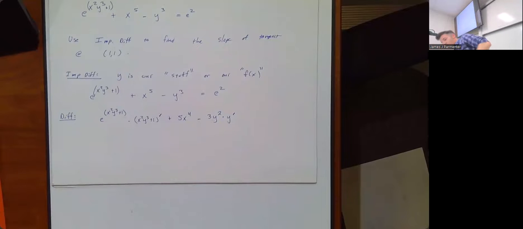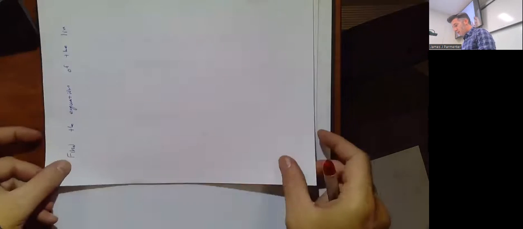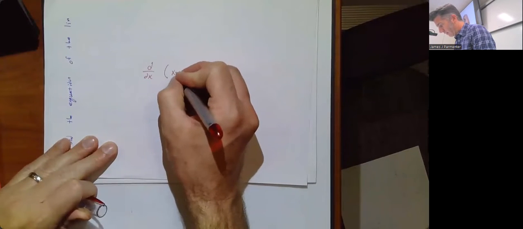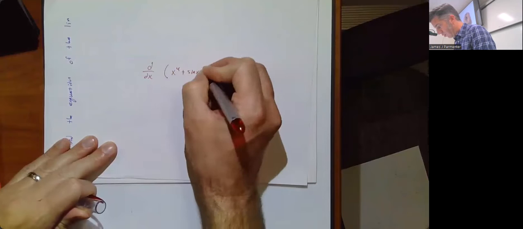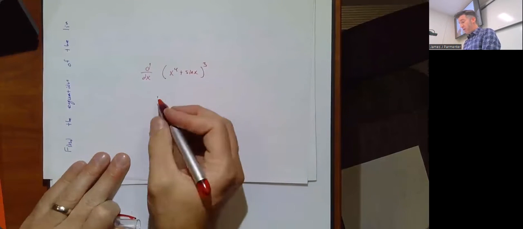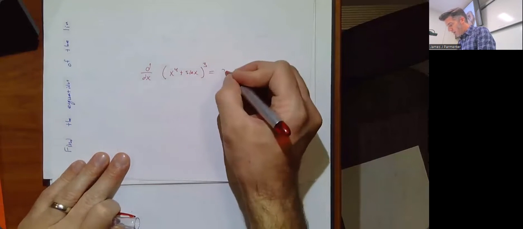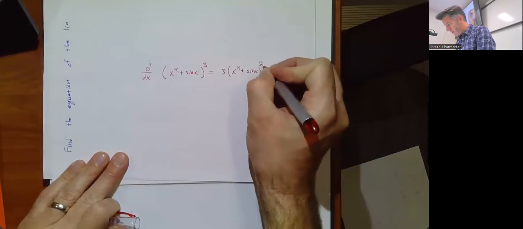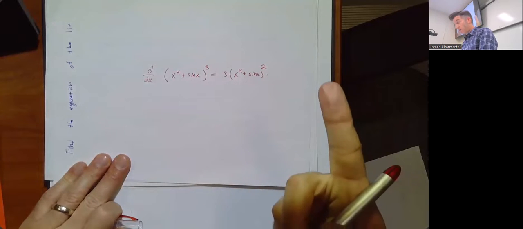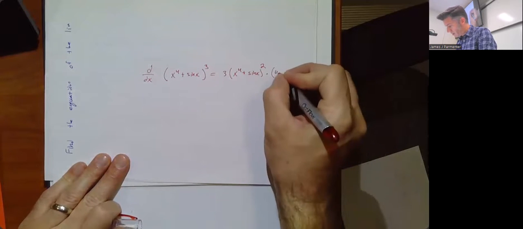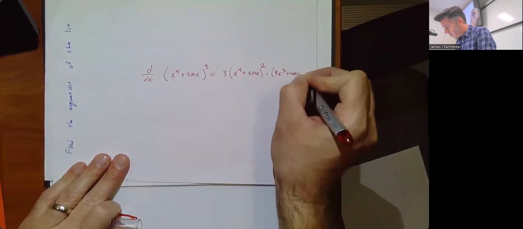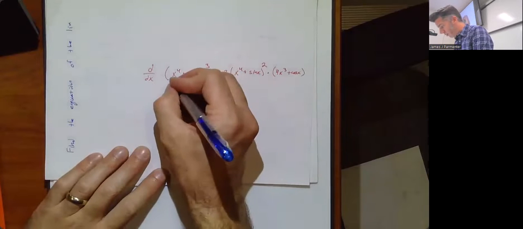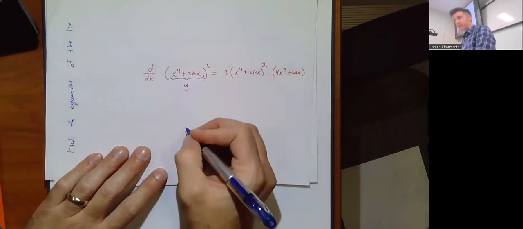Because if we were taking instead, say, the derivative of (x to the 4th plus sine of x) cubed, the derivative of some stuff cubed is 3 times that stuff to the 2nd power times what? Which in this case happens to be 4x cubed plus cosine of x. But in this example, what I'm saying here is y is playing the role of x to the 4th plus sine of x.